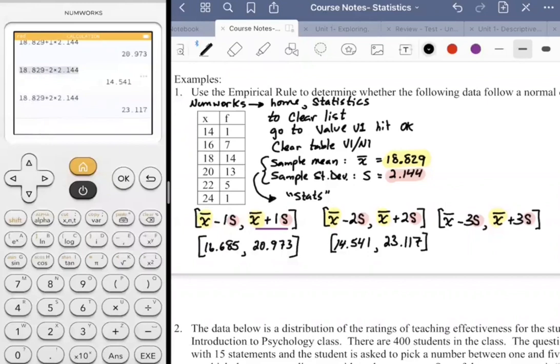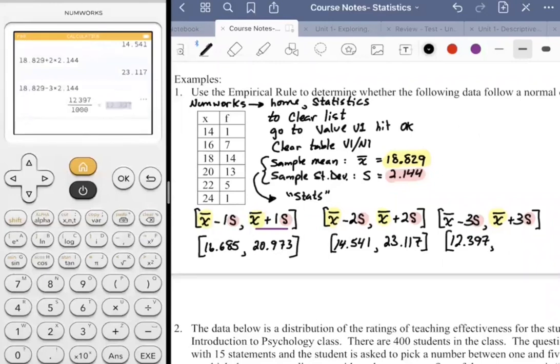Now we're doing the 3s. So I grab the one with the minus and change the 2 to a 3, and I get 12.397. My upper bound I'll get by changing that minus to a plus: 25.261.